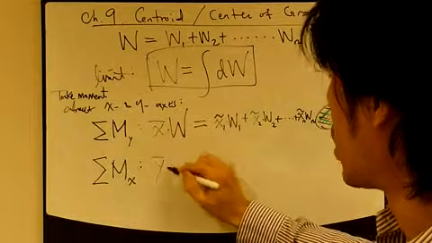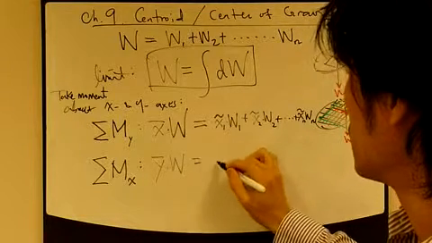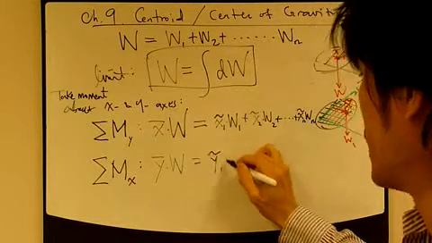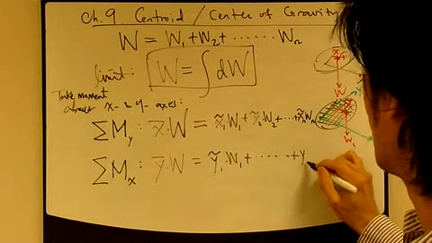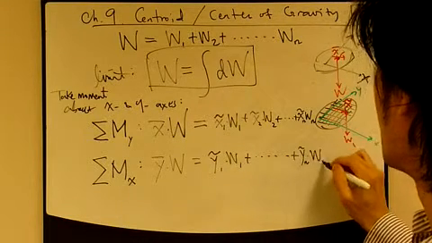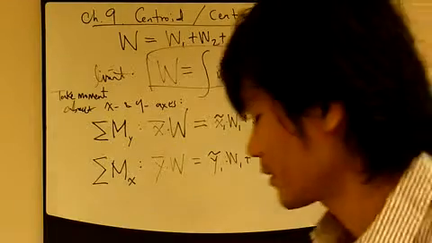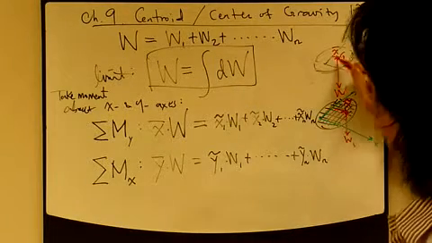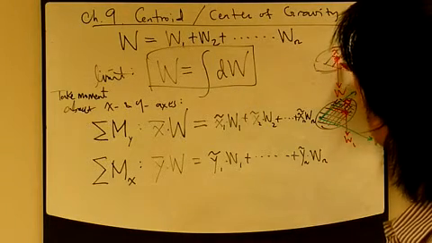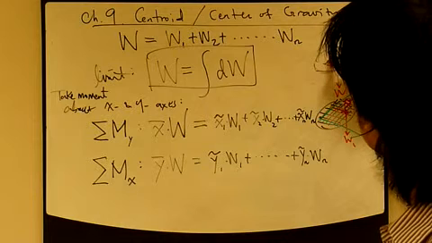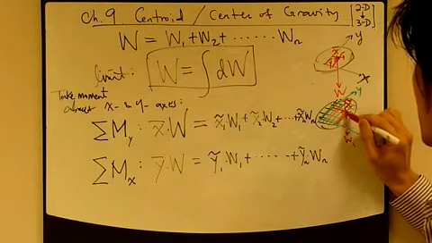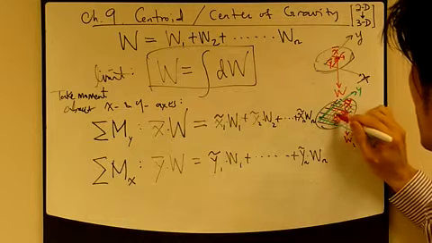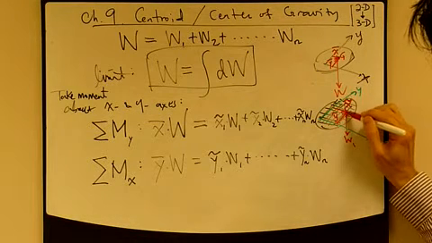So that's y bar times W equals y tilde 1 times W1 plus and so on, y tilde n times Wn. Where y bar is this coordinate right here, and y tilde is the y coordinate of the individual elements.